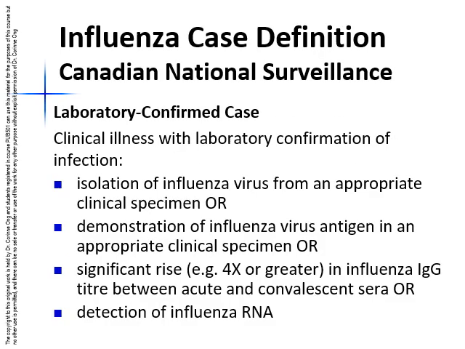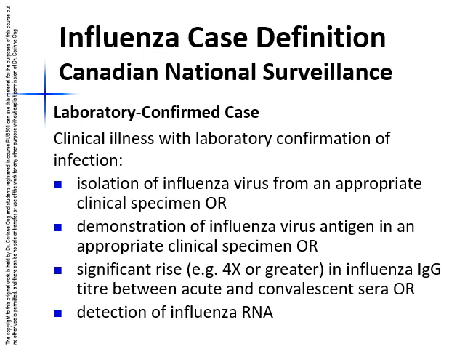Let's look at the case definition for influenza before delving into more epidemiology, as this enables us to know what the criteria are for identifying a confirmed case of influenza. Based on the Canadian National Surveillance definition, a case of influenza can be confirmed by 4 different methods.